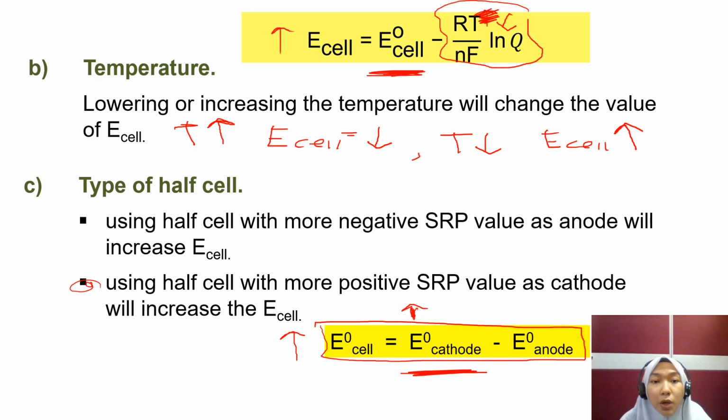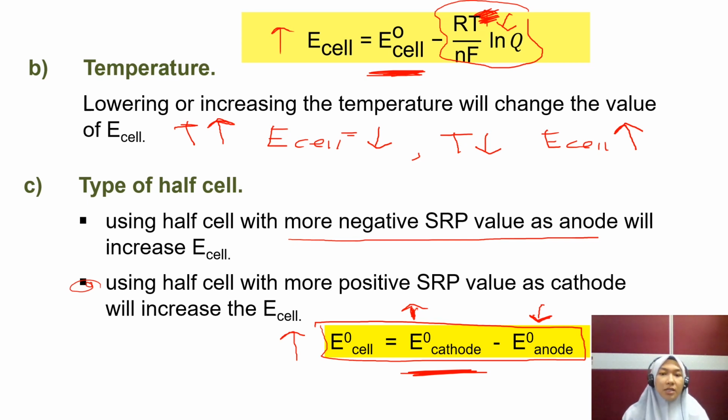So we try to get a more negative SRP value as anode.